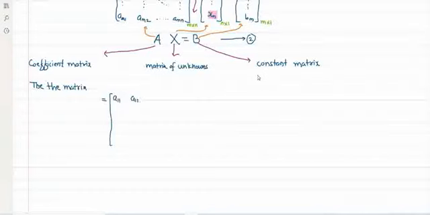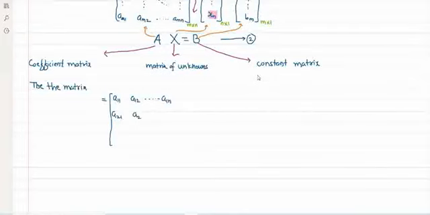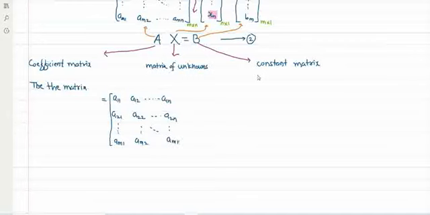The first row: a11, a12, up to a1n. These are the elements of the coefficient matrix. Second row: a21, a22, continue, a2n. And if you continue like this, the last row is am1, am2, and last one, amn. So this is the coefficient matrix.